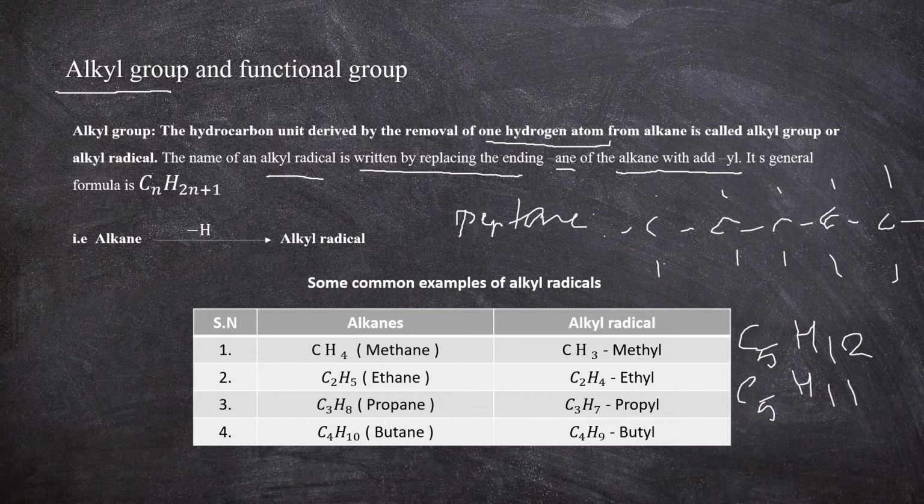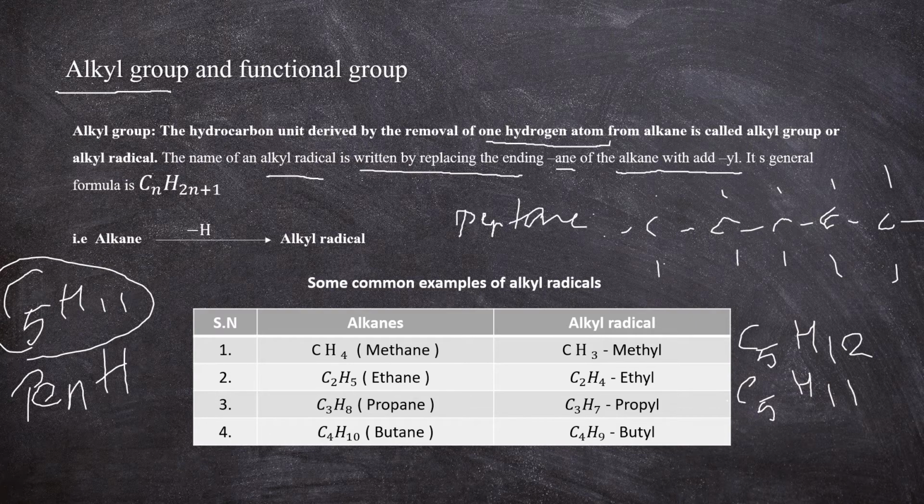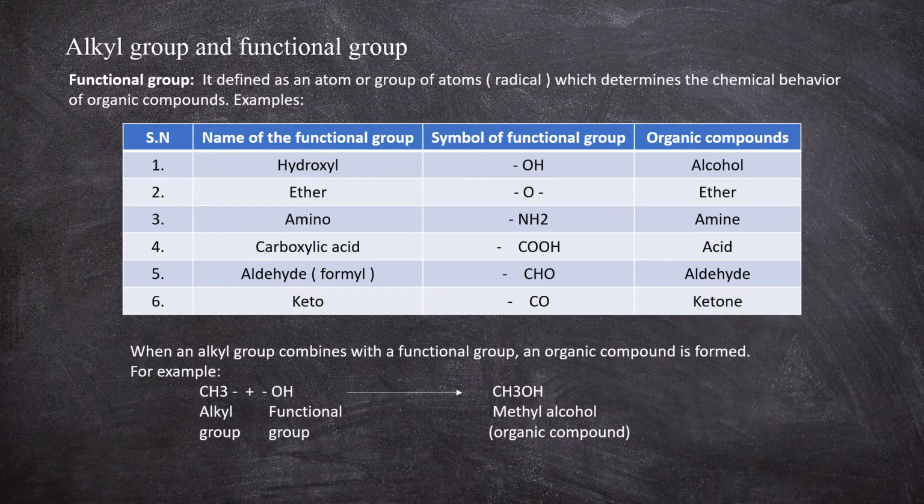You can even use the formula CnH2n+1, carbon 5 and 2 times 5 plus 1 is 11. So this is a pentyl group. So here are the alkyl group and the functional group.